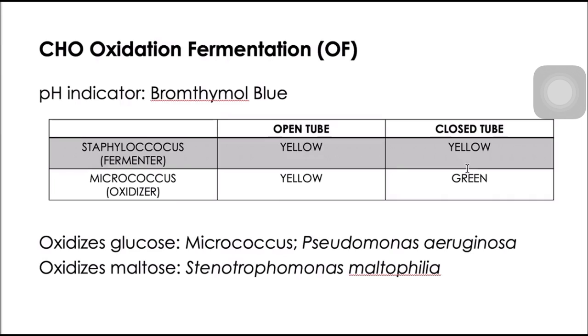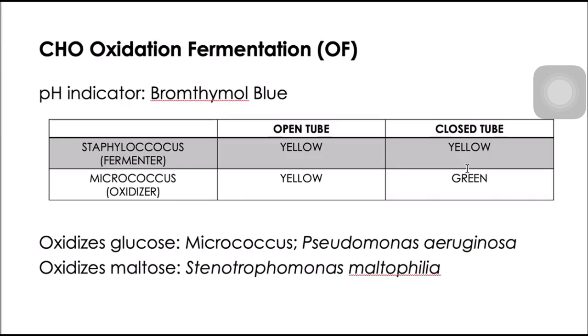For your oxidation fermentation, we are preparing an open tube and a closed tube here, wherein the closed tube is sealed with Vaseline and paraffin or mineral oil, to create an anaerobic environment in the closed tube.